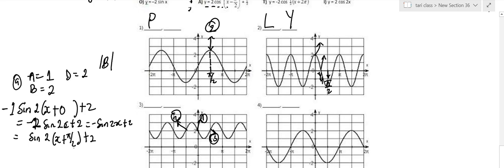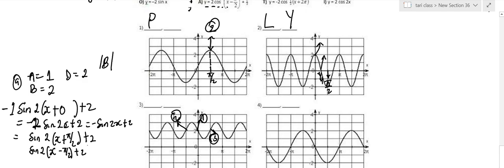Remember, if the phase shift is at the left, the equation will be positive; at the right, the equation will be negative. Now, what if I'm observing point 3? Remember, it started with middle up, so my amplitude will be positive. So the other one will be sine 2x negative pi over 2 plus 2, and it will also give me middle up, so this will also be positive.